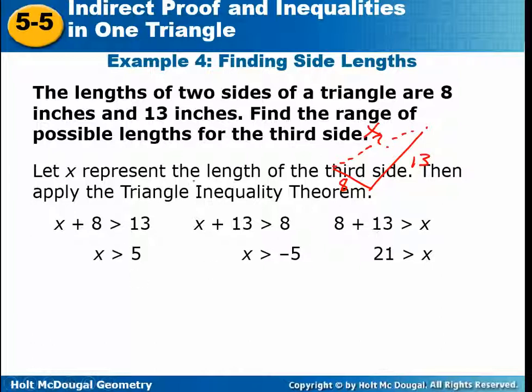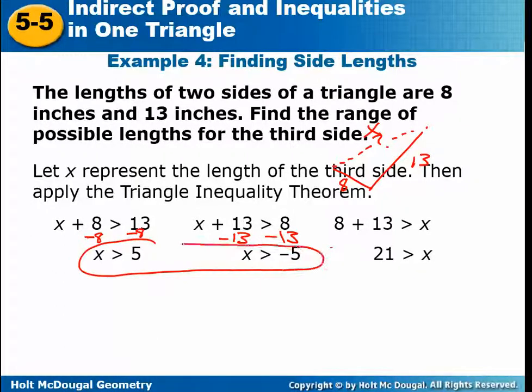So then we simplify. On this first one, I'd subtract 8, and I'd get x is greater than 5. On this one, I'd subtract 13, and I get x is greater than negative 5. And on this one here, I'd get 21 is greater than x. Now let's think about these two things. x has to be greater than 5, and x has to be greater than negative 5. Well, on a number line, here's negative 5, here's 5.